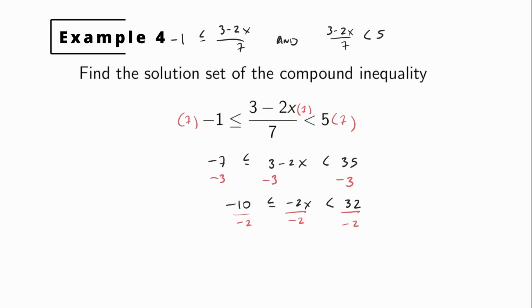So I will get 5 is greater than or equal to x is greater than negative 16. Or if you wanted to rewrite it with the direction differently, it's x is greater than negative 16, but less than or equal to 5. So as an interval, that would be negative 16 to 5, with the parenthesis on the negative 16, the bracket on the 5. And that's it for compound inequalities involving and.